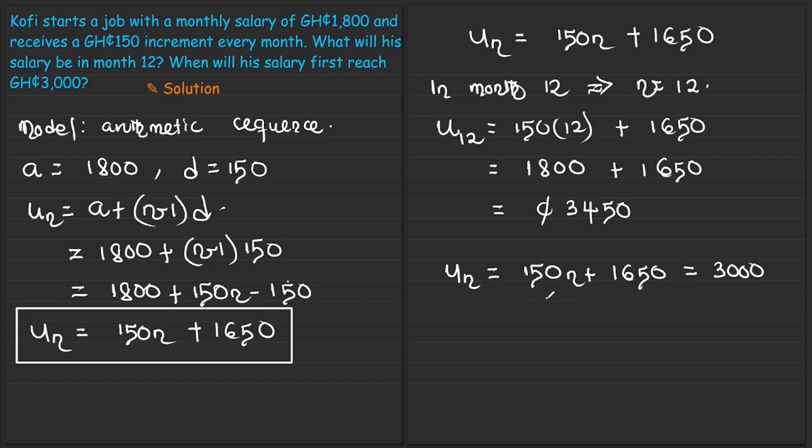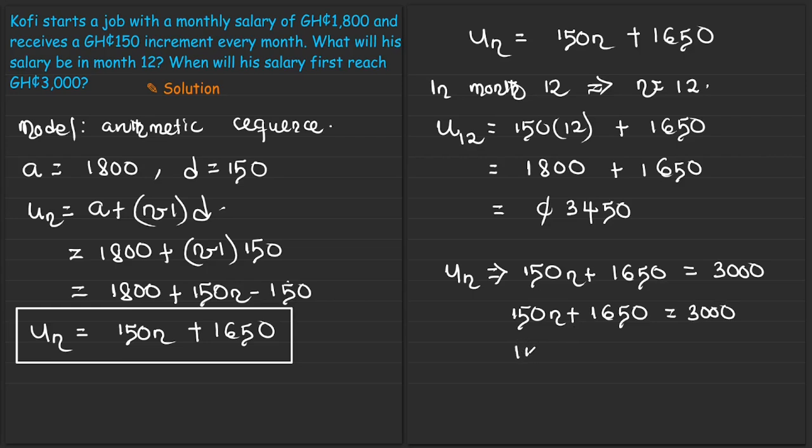So it's all about solving for your n. We focus only on this side, so that we have 150n plus 1,650, which is equal to 3,000.